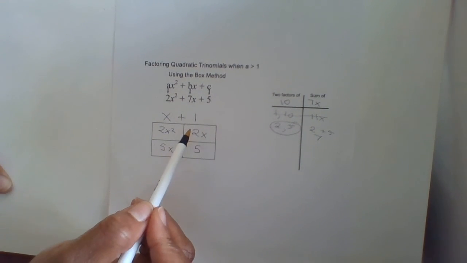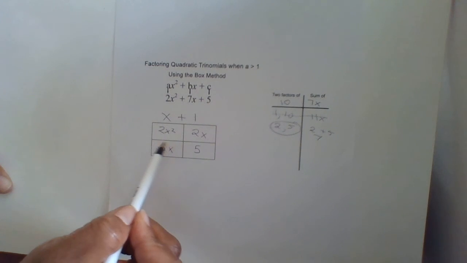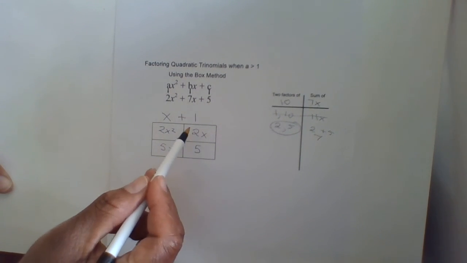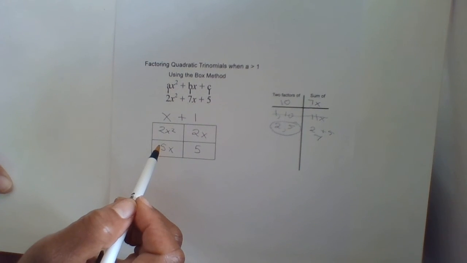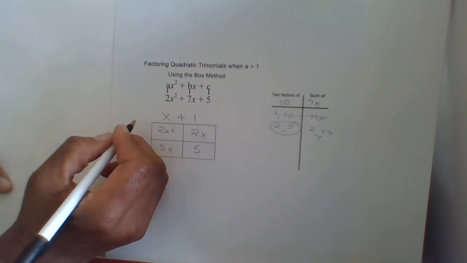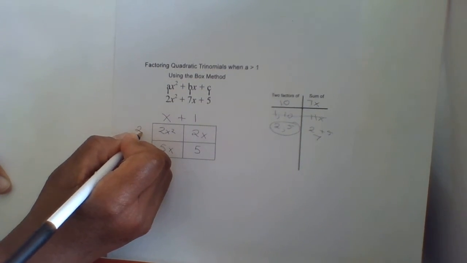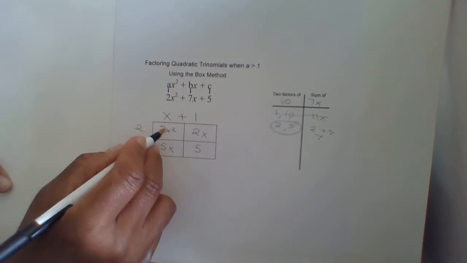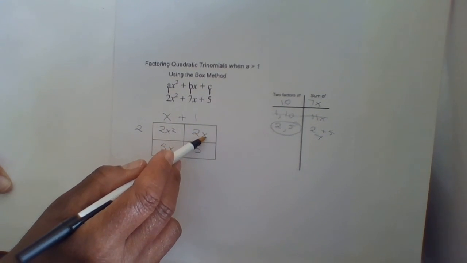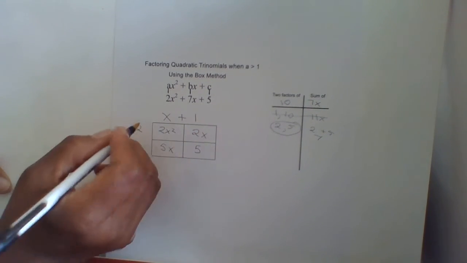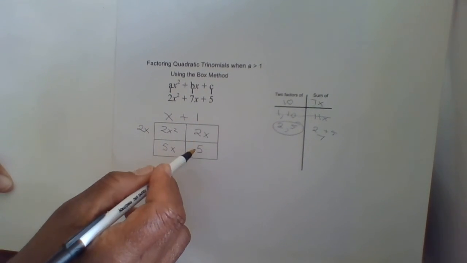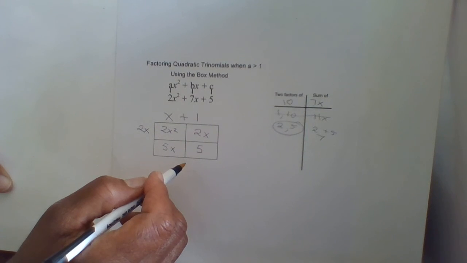Now we need to look at the greatest common factor among our rows. So you ask yourself, what do 2x squared and 2x both have in common? Well, both of these terms have 2 in common. So I'm going to factor out the 2. x squared and x have x in common. Always take the variable with the least exponent. Factor it out. What do 5x and 5 both have in common?